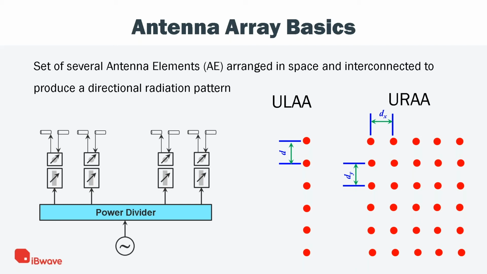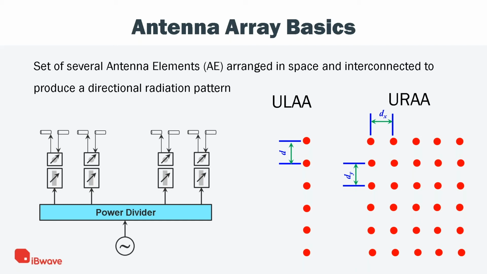On the right side of this slide, we show two typical antenna arrays that are widely used in the industry. For instance, there is what is called a linear antenna array. This is an antenna array where the antenna elements are arranged in a straight line. There is also another widely used type, which is a two-dimensional antenna array, where the antenna elements are arranged in two dimensions, horizontal and vertical.